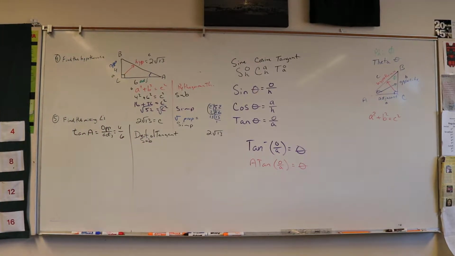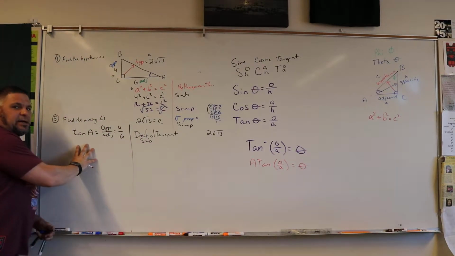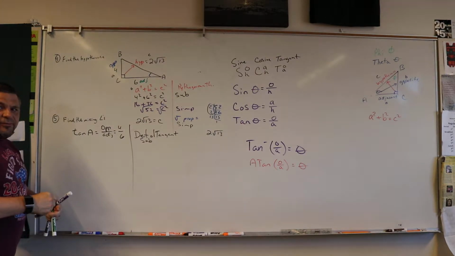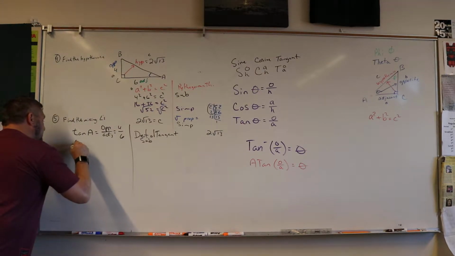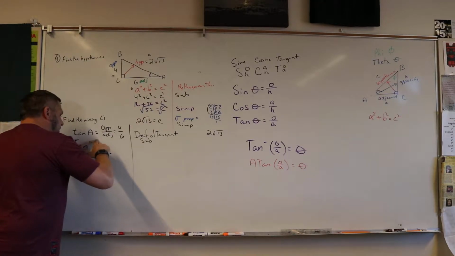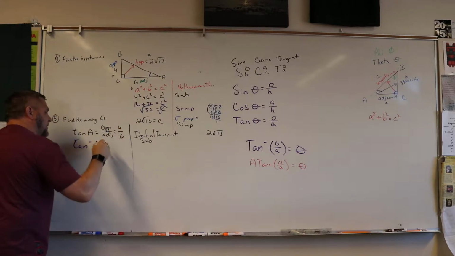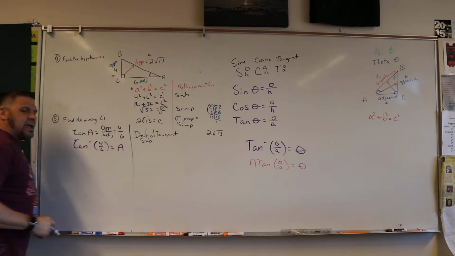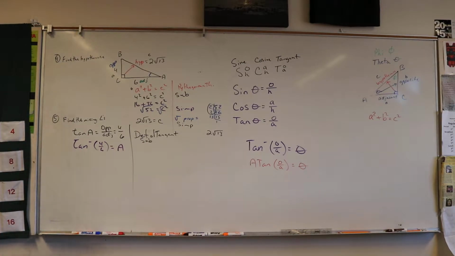So when we set this up, you can go with whichever one you want. If you want to go with tangent inverse, then tangent inverse of 4 over 6 equals angle A. It's that simple.